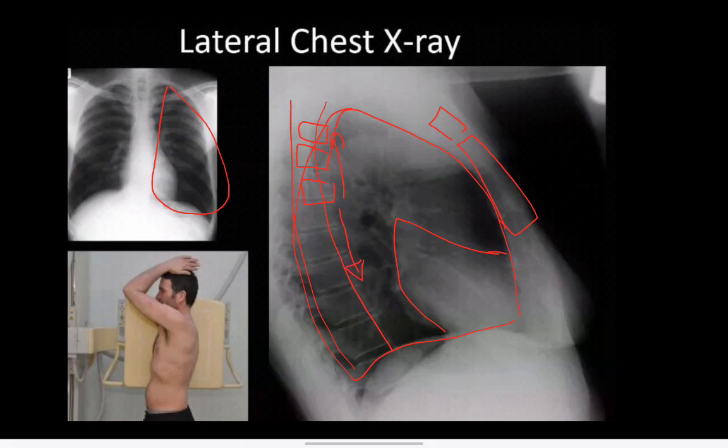This is a normal sign, called the more dense sign. If we have any pathology or fluid or process going on over here, it will obscure the lower spine of the chest, or thoracic spine. This is the lateral chest X-ray.